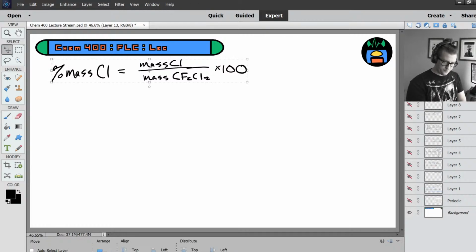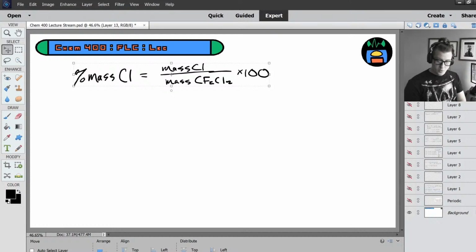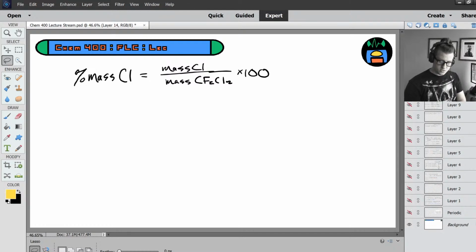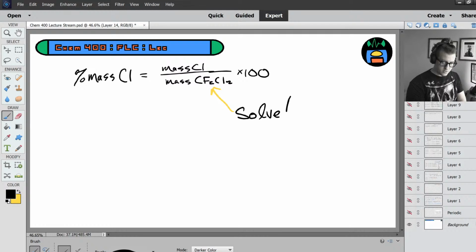Now, just as a quick note, if we're going to solve for our mass of CF2Cl2, we got to get it out of the denominator. We got to jailbreak it from that denominator. So we need to start by multiplying both sides of this equation by our mass of CF2Cl2.